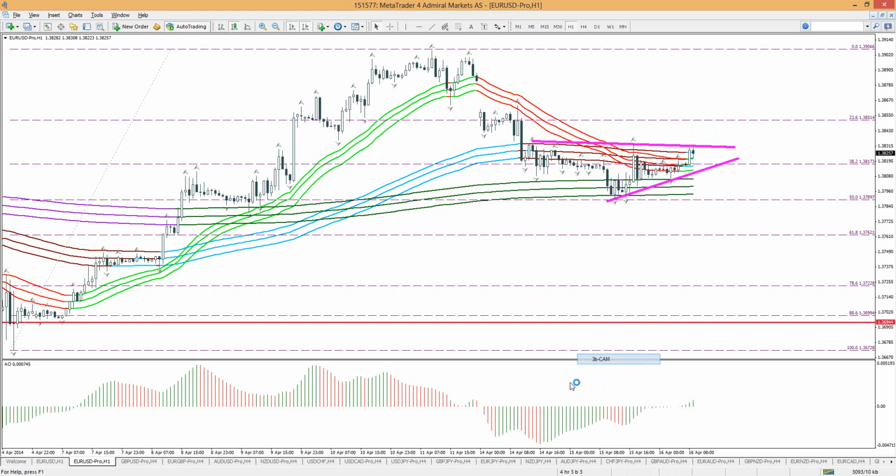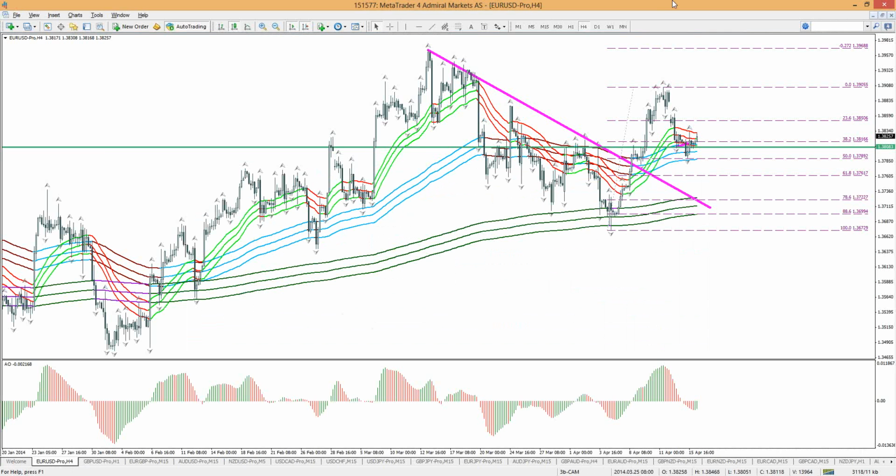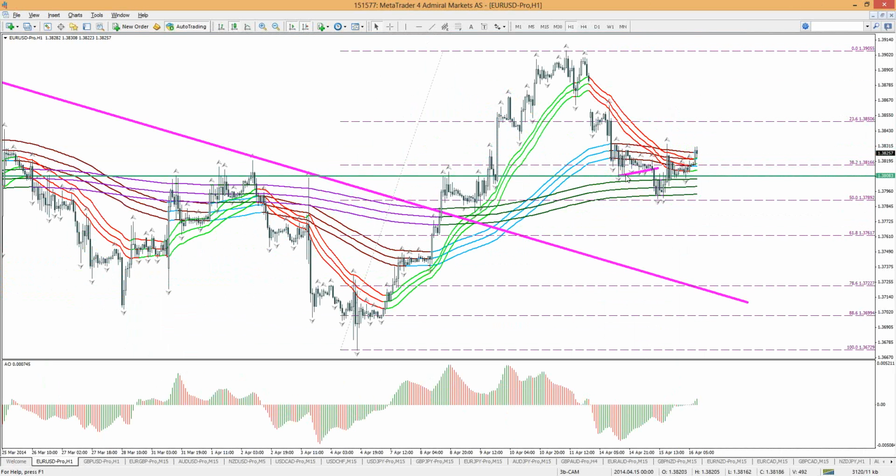Let me actually go to the Camarilla indicator here. One second. Let me put those trend lines on again. Like this.